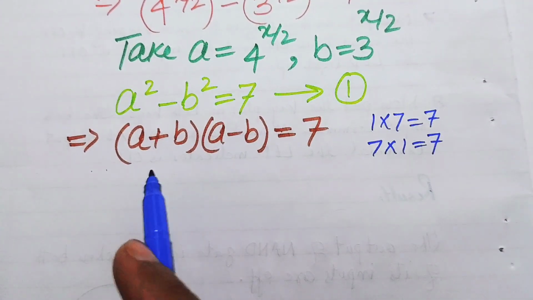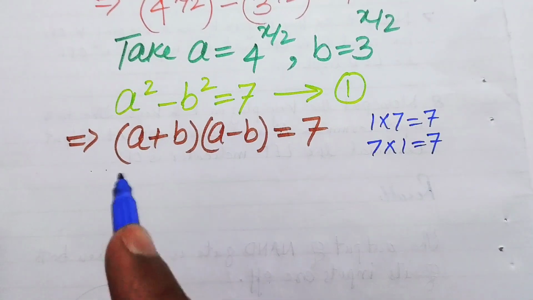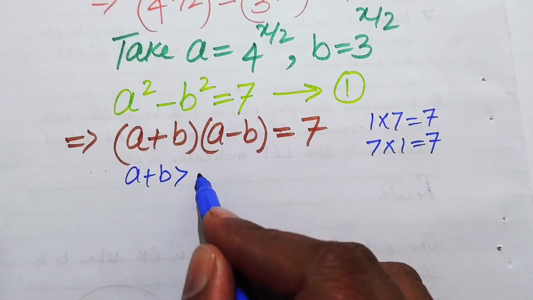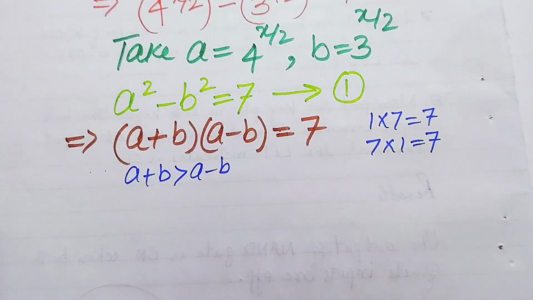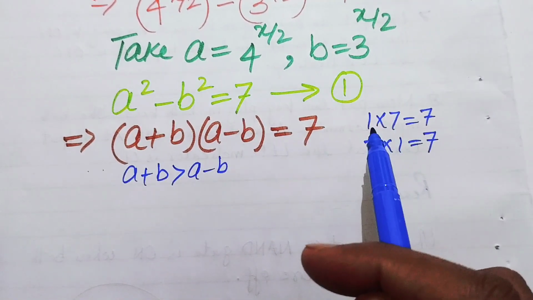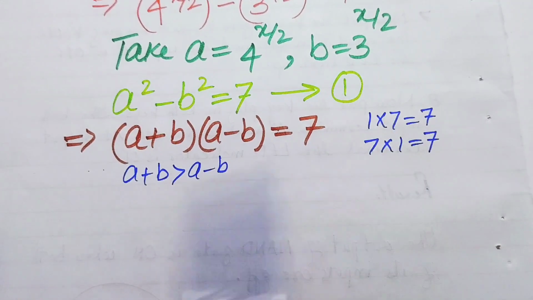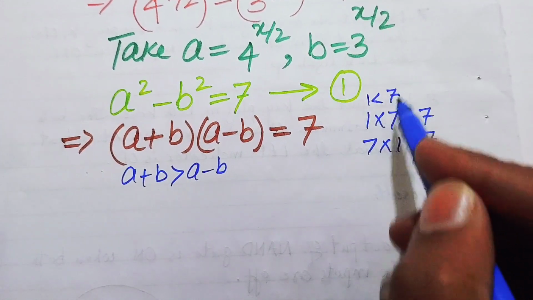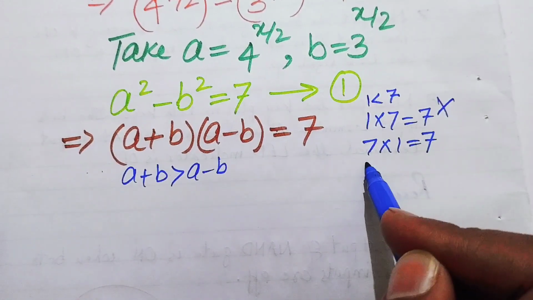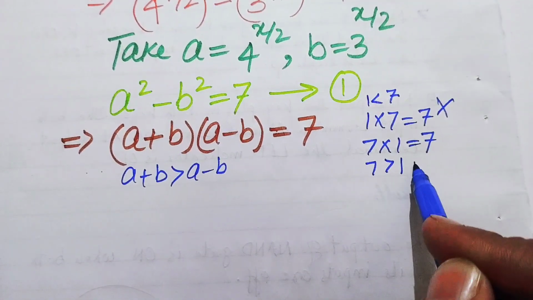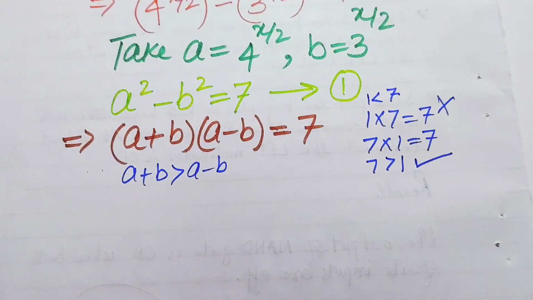Now, on the left hand side, a plus b is always greater than a minus b. So we choose the pair in which the first factor is greater than the second. Here 1 is less than 7, so we cannot choose this, but 7 is greater than 1, so we choose this pair.